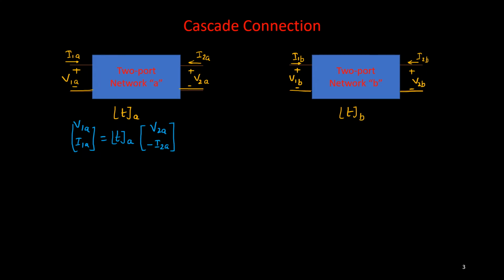Then we can write that V1B, I1B equals this TB times V2B and minus I2B.